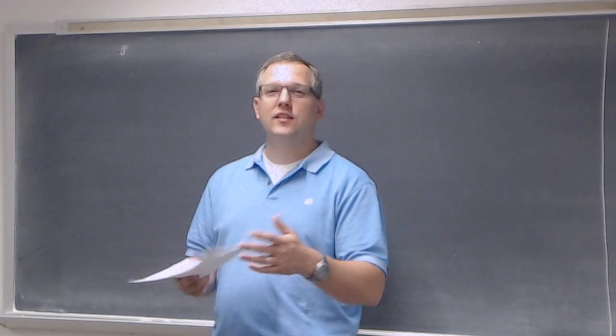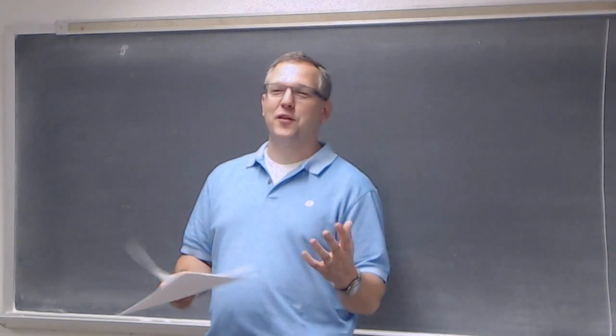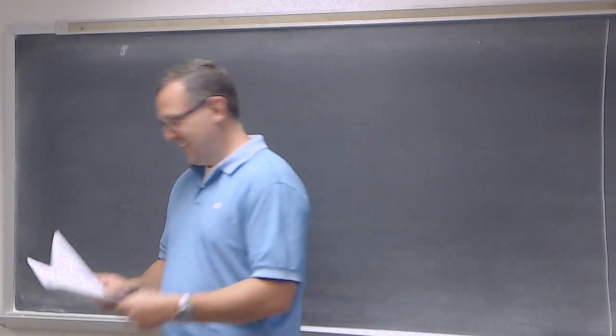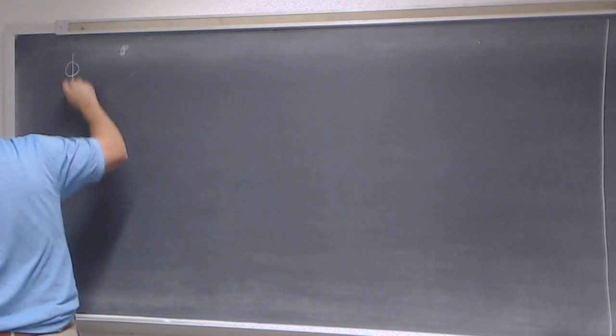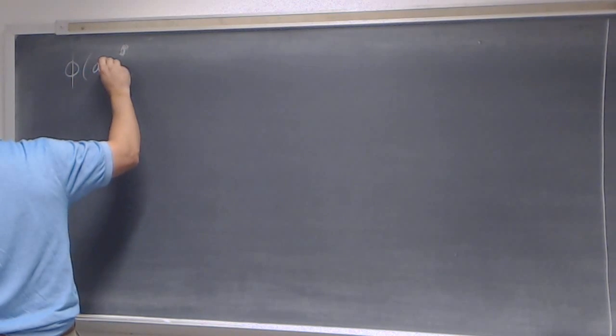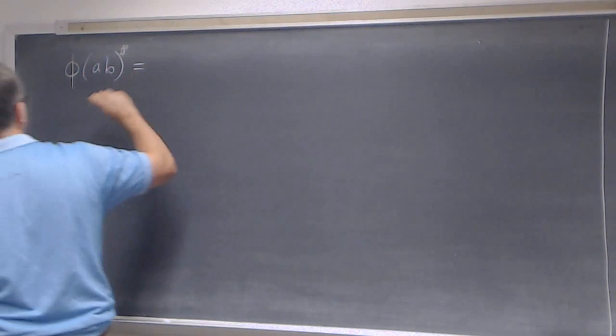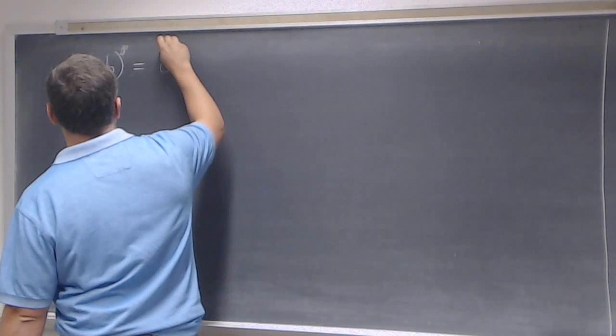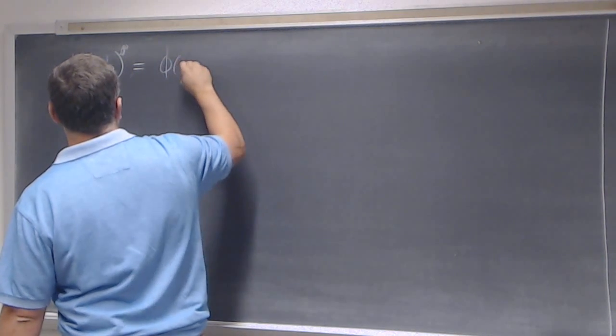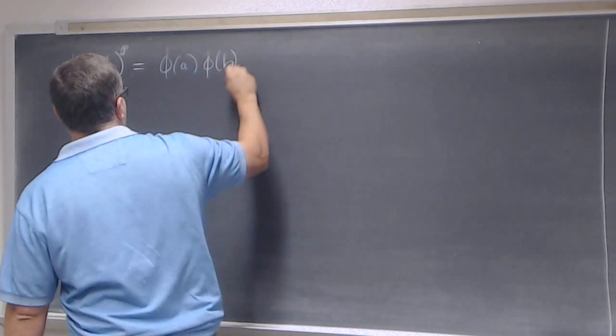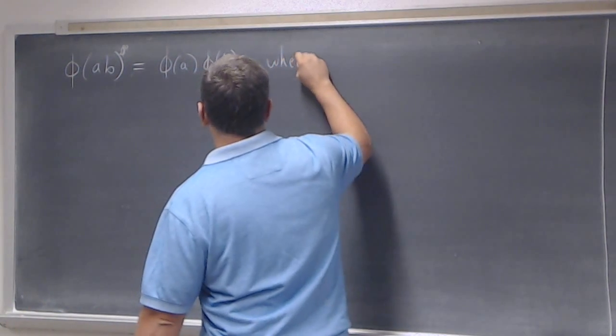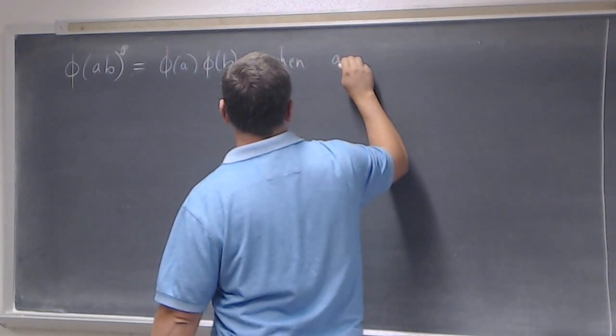There were actually 17 possible answers, and I only asked for 3. One of the biggest properties of the Euler phi function is that it's multiplicative. So phi of A times B is phi of A times phi of B when A and B are relatively prime.